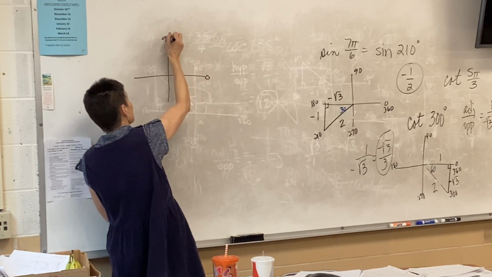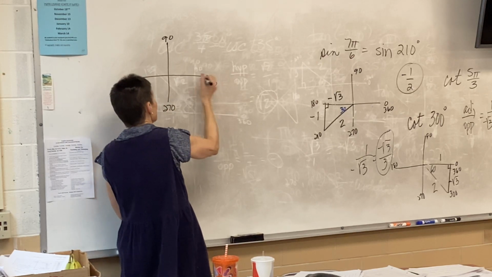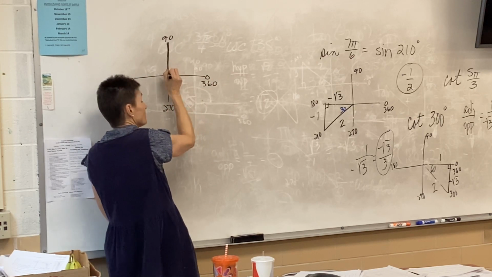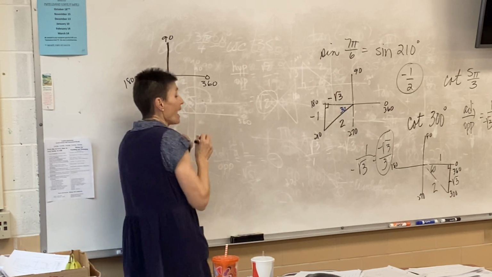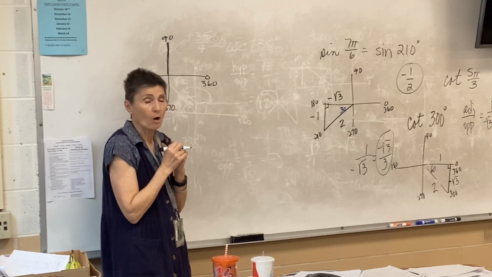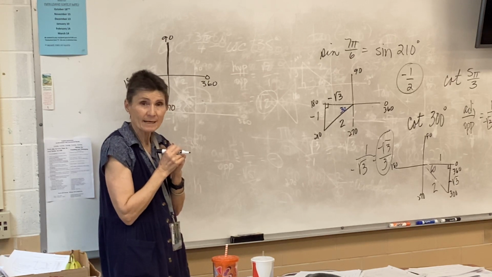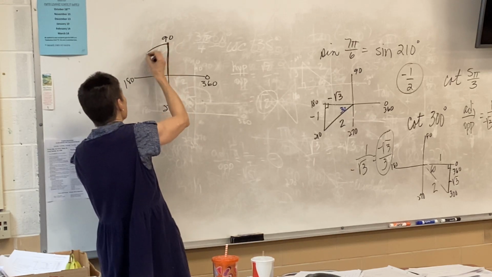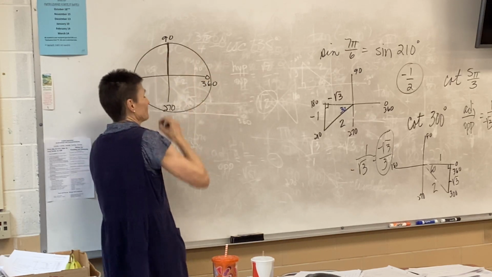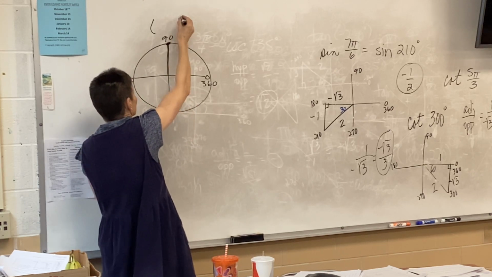If you look at your setup, 90 degrees is right here. And that is on an axis. And when it's on an axis, we can't make a triangle, we have to make a circle. So this is my angle right here.